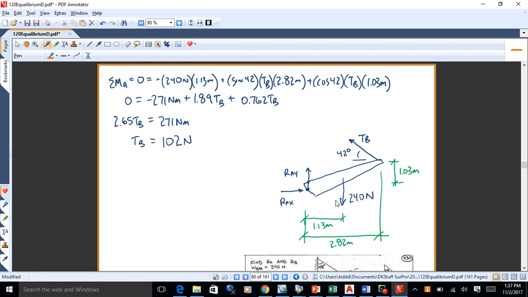You okay with that moment equation? You have any questions? Get 102, then you go sum of Fx and sum of Fy and get the tension, or excuse me, get the Ax and Ay reactions.